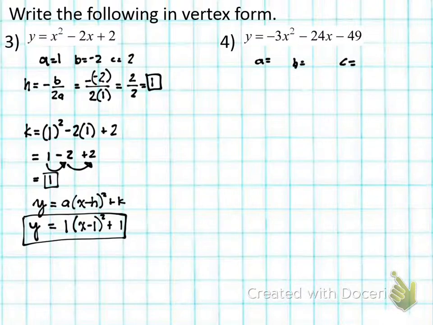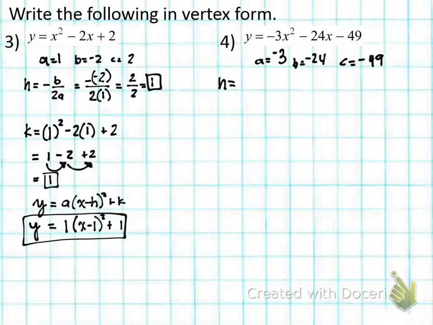Okay, A is what, everyone? -3, good. B is? Good. C is? Okay, looks like big numbers, but we could do this. We got this. Turn to your neighbor, tell them how do you find H. Okay, what's H, everyone?